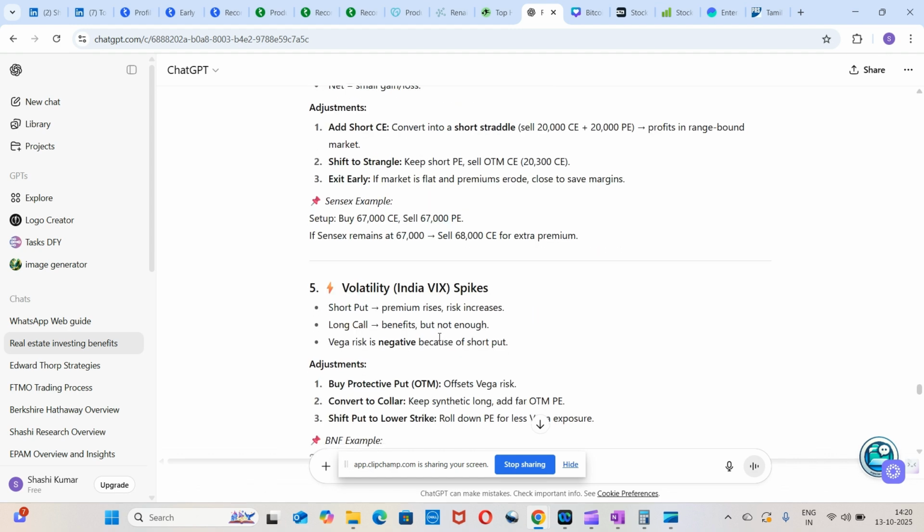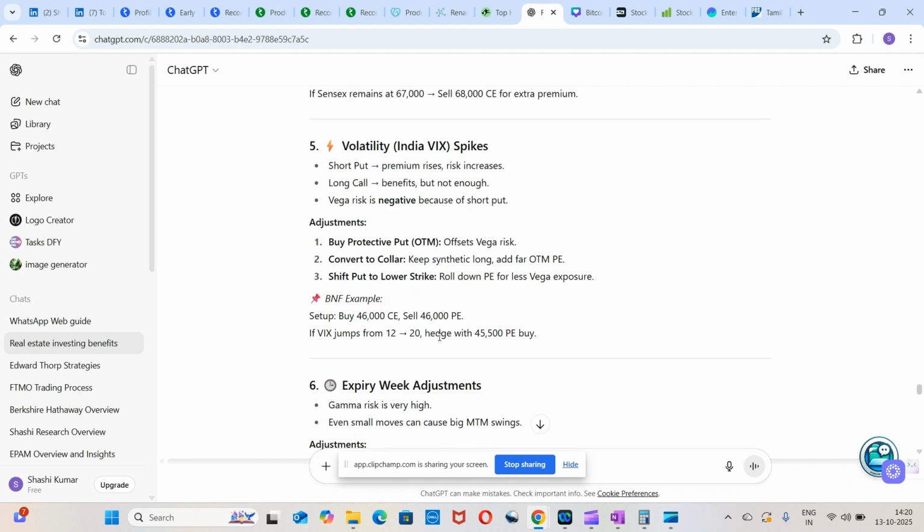Volatility spikes: short put premium will rise because of volatility, VIX rising. Okay, so that's a risk because you've sold that put. Long call premium also will rise, which is good, but that benefit won't offset the short put risk we have. So Vega risk is negative here because of the short put.